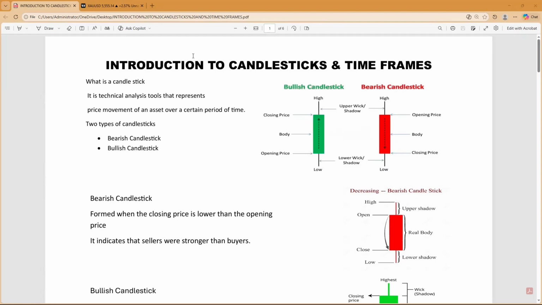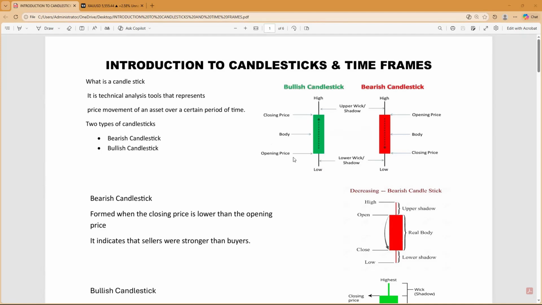And we have two types of them by default: bearish candlesticks, which are red, and bullish candlesticks, which are green. As you can see here, this is a bearish candlestick, and this one here is a bullish candlestick.